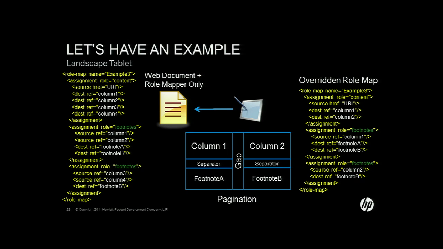Now, because all of this is expressed in the role map and not in the content, I'm not going to change any of the content at all. I'm completely agnostic to whatever the content was that was referenced from those URIs. And the rendering engine will take that, produce the 2 columns, bring in the content, and whenever the footnotes happen, we'll place the footnotes in there.